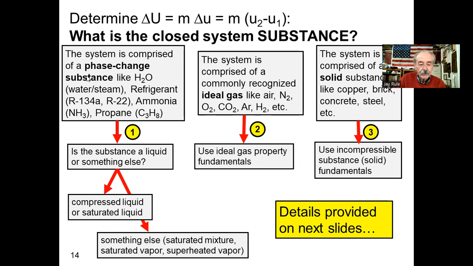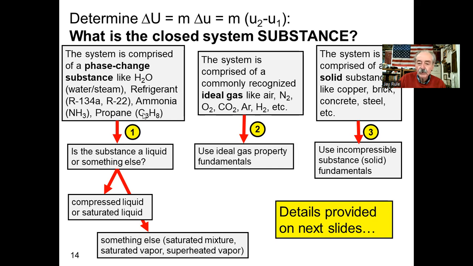First would be a phase change substance. Examples: H2O, water and or steam. Refrigerant, R134A, R22. Those are refrigerants we commonly find in engineering. Ammonia, NH3. That can change phases.